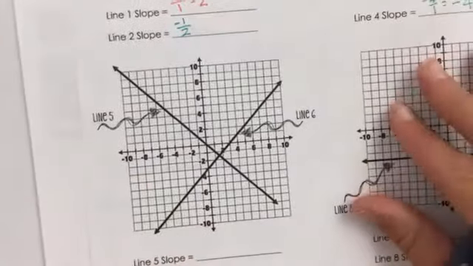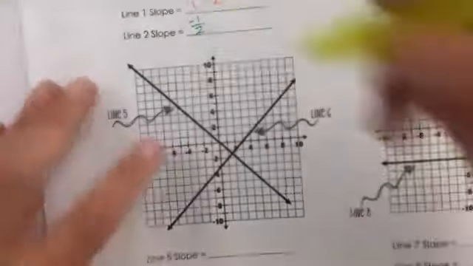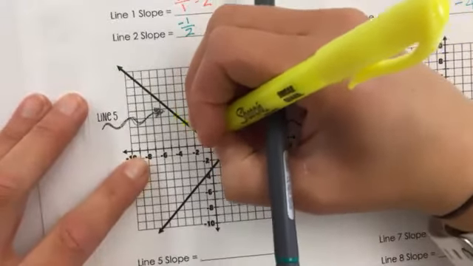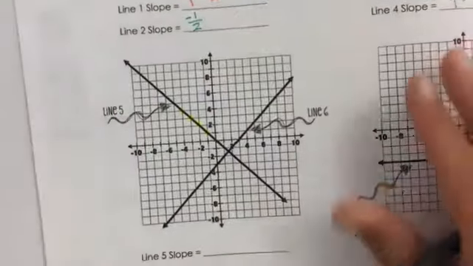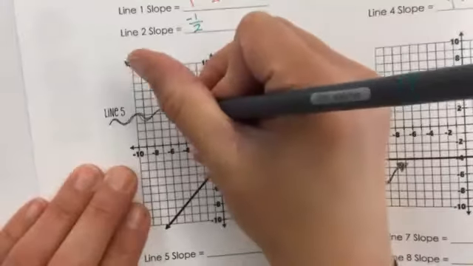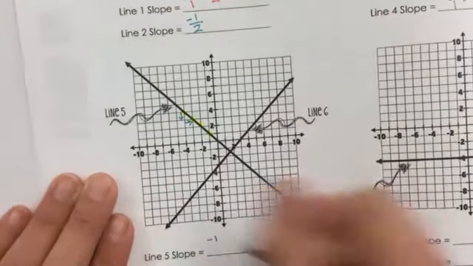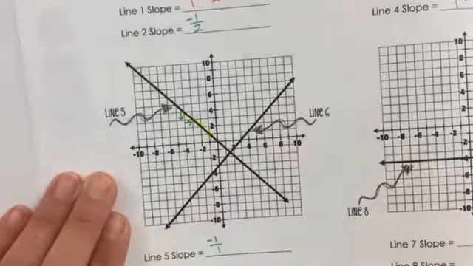Okay. Couple more here. Line 5 first. Just got a little bit smaller of a grid box, but it doesn't matter where you start. This one, to go from left to right, I went down 1, right 1. So down would be a negative 1, right is a positive 1.